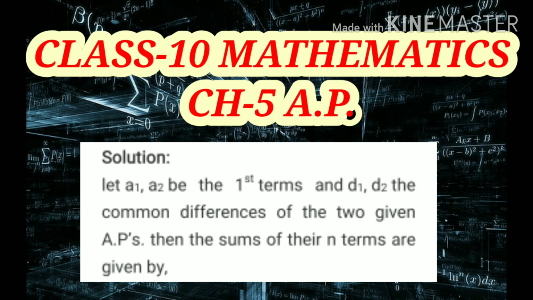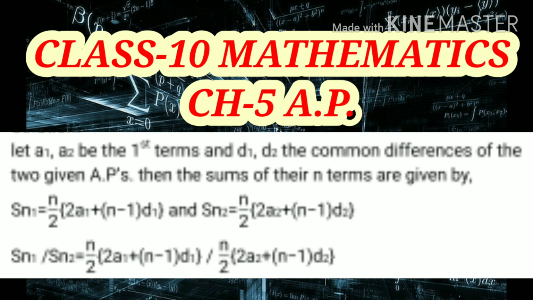Children, let a1 and a2 be the first terms of two APs and d1 and d2 be the common differences of the two given APs. Then we can find the sum of their n terms by using the formula of sum of AP.